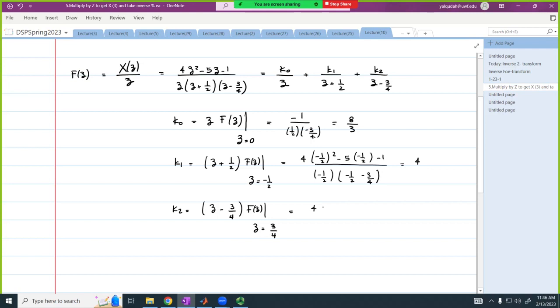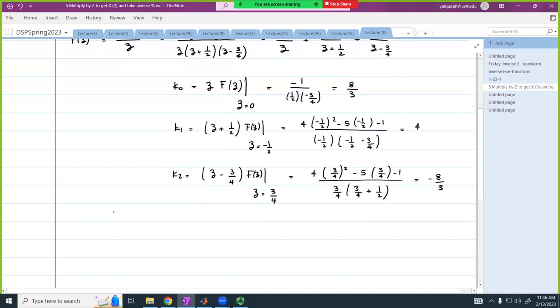And this is going to equal 4 multiplied by 3 over 4 squared minus 5 multiplied by 3 over 4 minus 1, divided by 3 over 4 multiplied by 3 over 4 plus 1/2, which is going to equal negative 8 over 3. Okay, is that clear, everybody?